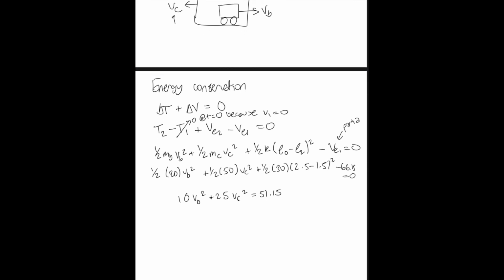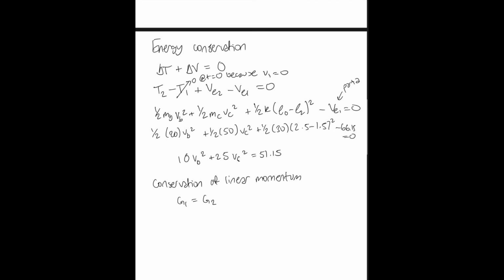So we're going to use the conservation of linear momentum that we just learned in the previous question, which is G1 is equal to G2. And G1 is the sum of mass multiplied by velocity, and same here.